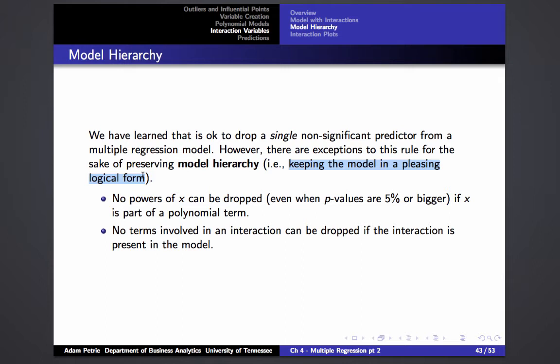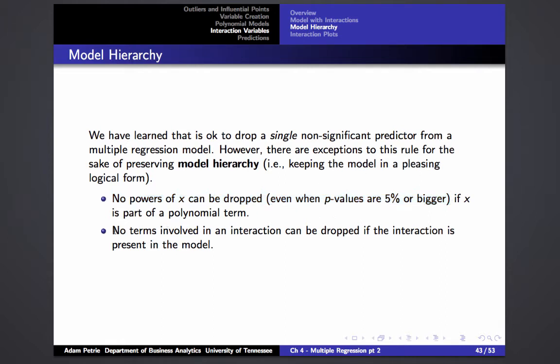We've actually already talked a little bit about model hierarchy. When we had a polynomial model, we said that no powers of x can be dropped, even when the p-values are 5% or bigger. So if we have a polynomial term in our model, we keep all those powers even if they're not significant. That's one aspect of model hierarchy, keeping it in a nice logical form.